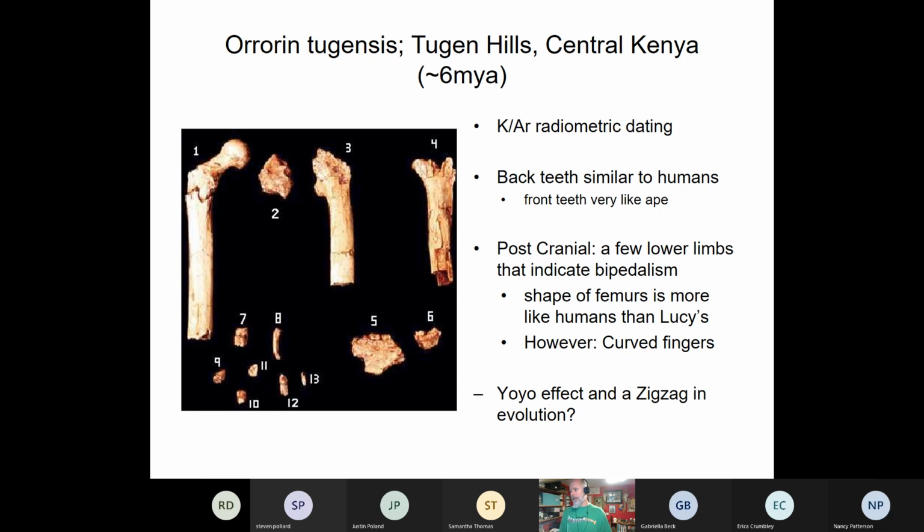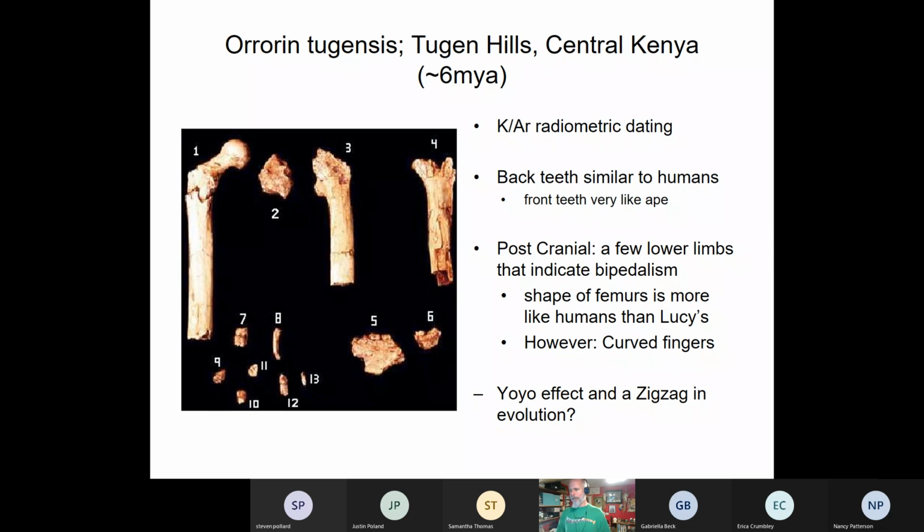The lower limbs are what's really most interesting, how they use what they have in the femurs, with the computer technology they have, to determine that this was a bipedal creature.